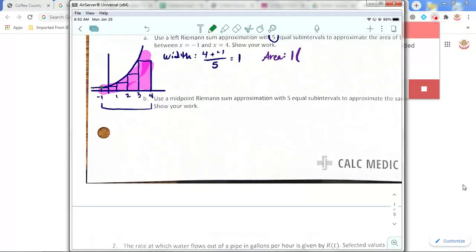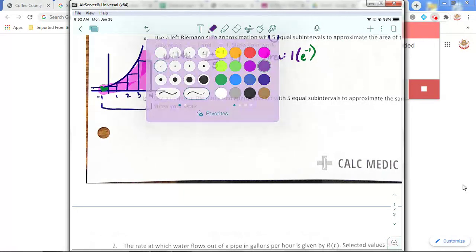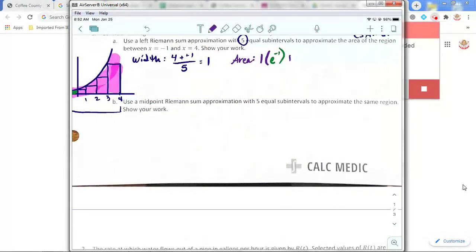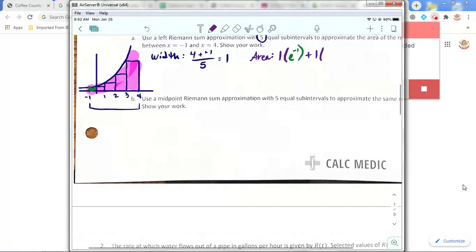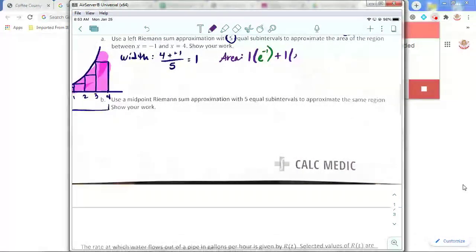So the height of this rectangle right here is going to be e to the -1 because our x value is -1. Then we'll go to the next rectangle. The width of that rectangle is 1. The height from that rectangle is going to come from the value of the function when x is 0. So that would be e to the 0.